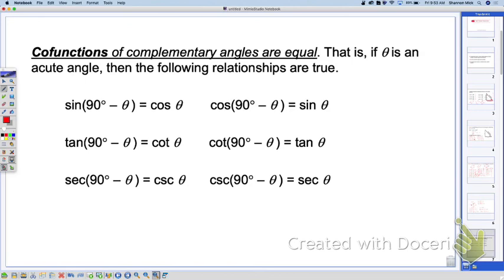Tangent, cotangent. If I have 90 minus theta, that just means it's complementary, correct? So the sine of 90 minus theta equals the cosine of theta. It's just saying they're complementary.